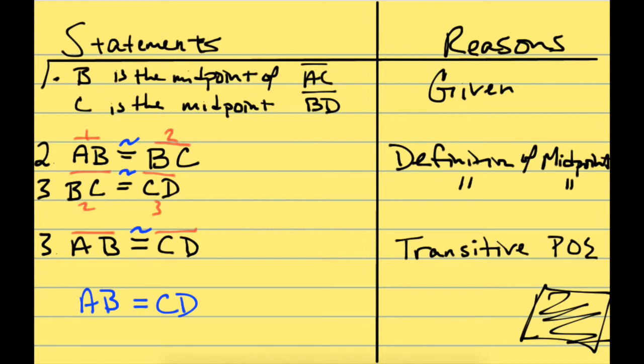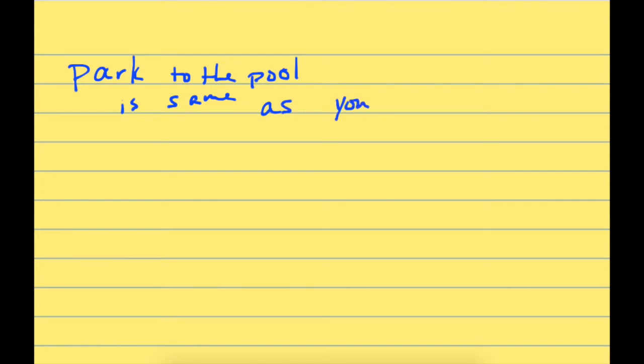that's what they did. Now, I want you to take this next example that I'm going to give you and try something similar. The distance from the park to the pool is the same as the distance from your house to the school. And the school is between the pool and the house.